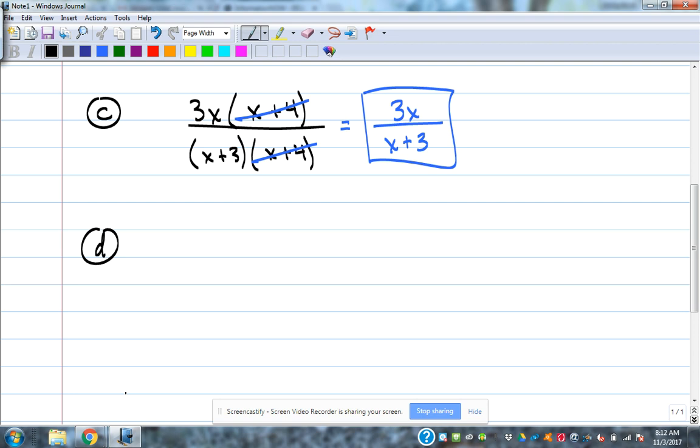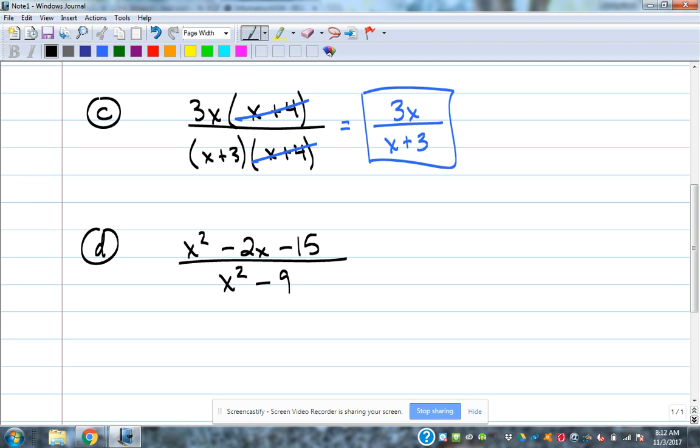So when we get to maybe more of an algebra 2 level, they're going to give us the problem maybe like this: x squared minus 2x minus 15, and then x squared minus 9 in the denominator. And we look at that and we say, okay, well, this x squared is tied together with a subtraction.